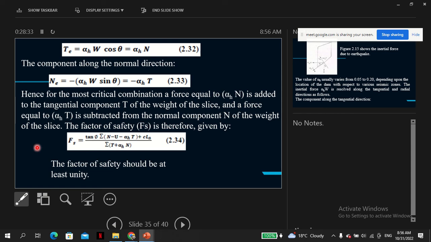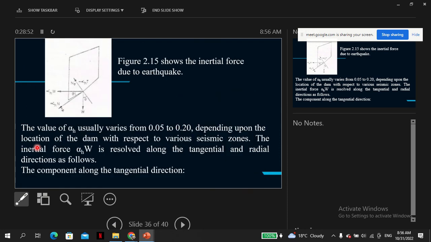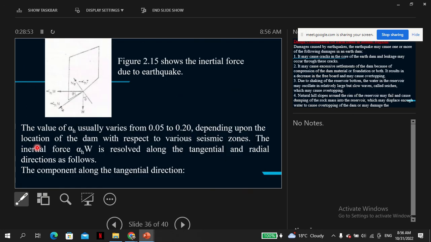That means if some error occurs in your calculation, hopefully no error, but if some mishap happens in your calculation, the margin of error is quite slim, and so it should be slightly above 1. So these values usually vary between 0.05 to 2.2 depending on the location.